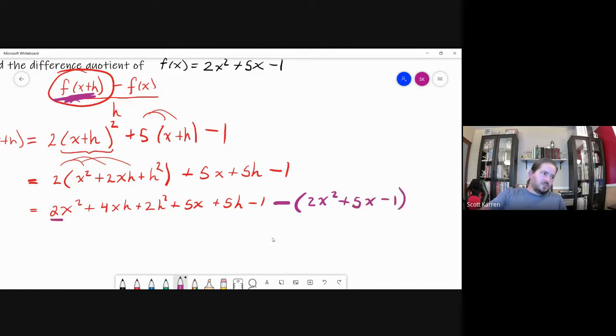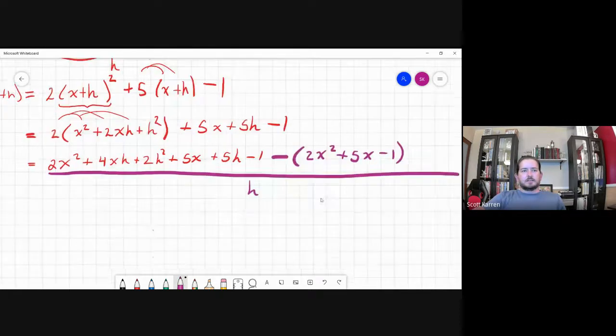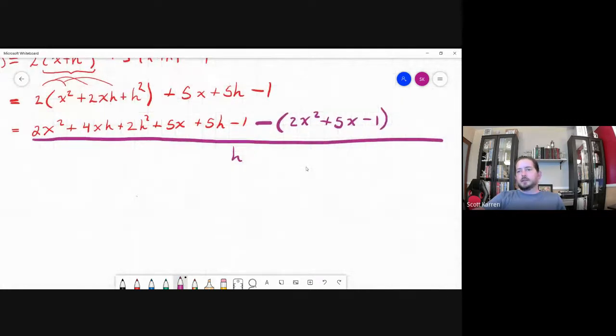And then this whole big thing over an h, right? So it's big, it's ugly. That's what we've got, right? So I'm going to take the negative and distribute it through.